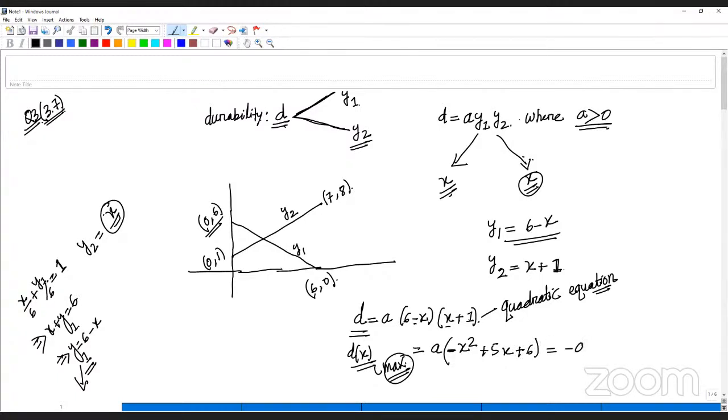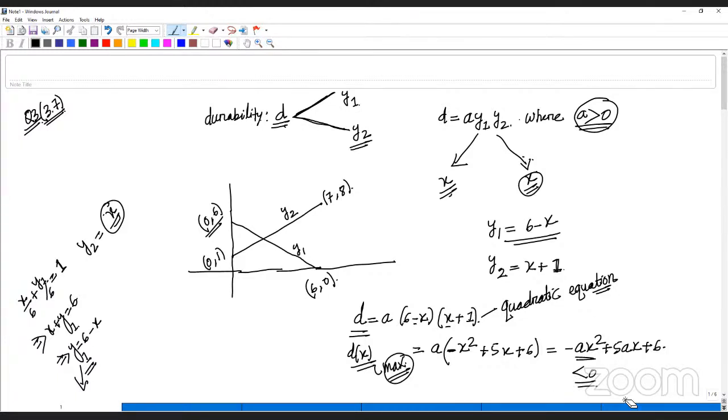So this is a x square plus 5a x plus 6a, right? And in the question it is given that a is greater than 0. That means the coefficient of x square is less than 0, a downwards curve, which means this equation has a point of maximum.